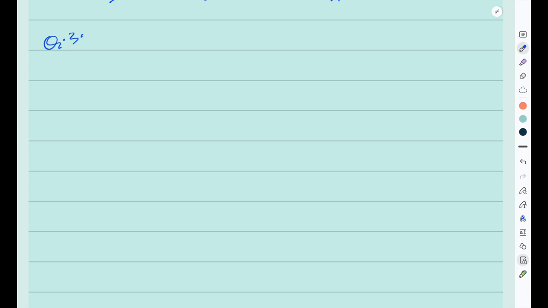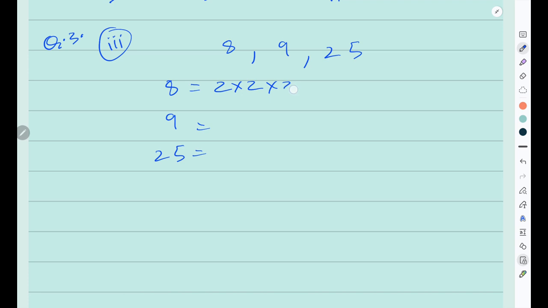Okay, so let me take the third example. In the third example, the three numbers given are 8, 9 and 25. So what we do, we just first break all these three numbers into their prime factors. Okay, so these are all the prime factors.